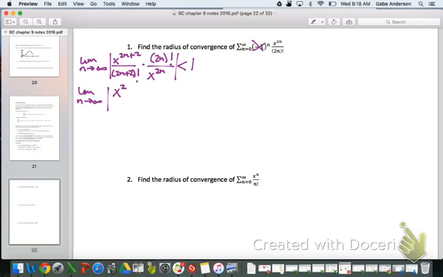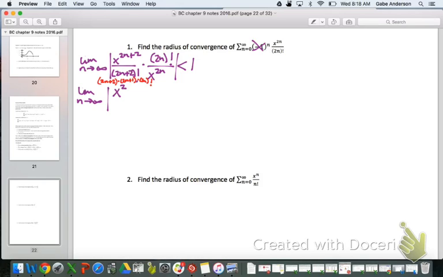If you remember from before, the factorial 2n plus 2 factorial would look like something like this. It would be 2n plus 2 times 2n plus 1 times 2n factorial. I'm trying to squeeze that in there. Hopefully you can read that.